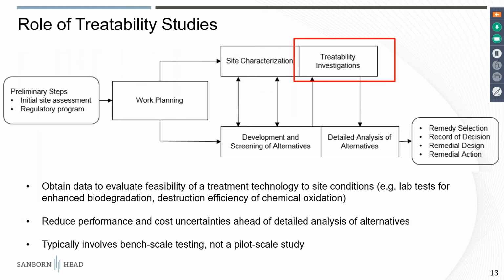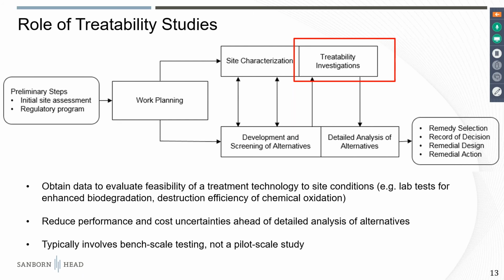So just a quick diversion to treatability studies, because these can be very critical to evaluating the feasibility of a remedial option. And there will be more discussion on these later, and it's important to realize that, as shown in this diagram, this can be an iterative process between the feasibility study and the site characterization, the treatability investigations.